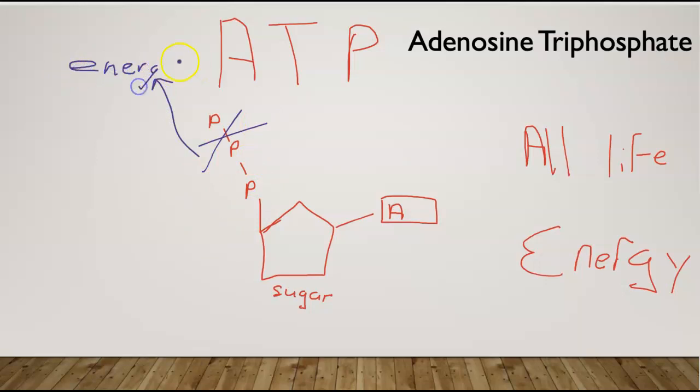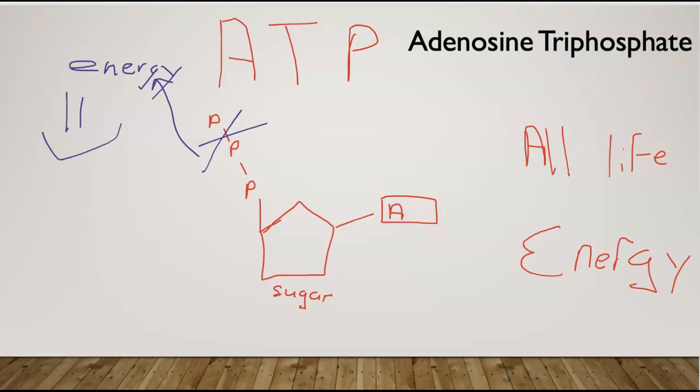All right, so energy comes off. This is the energy we use for our heart to beat, for our brain to work, for your computer, for your arm to move your mouse to control your computer. All of it comes from this breaking of this phosphate away from the other phosphates.